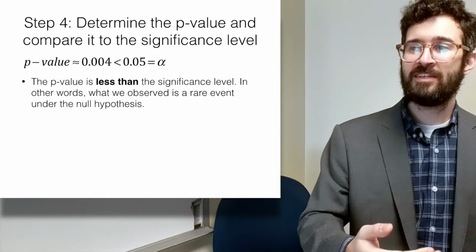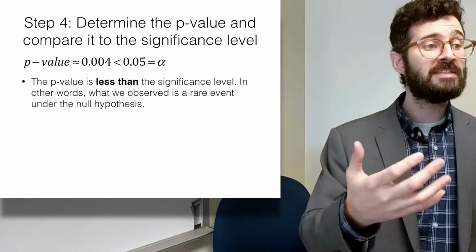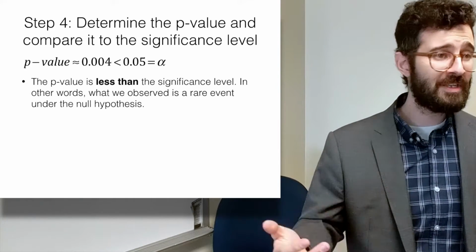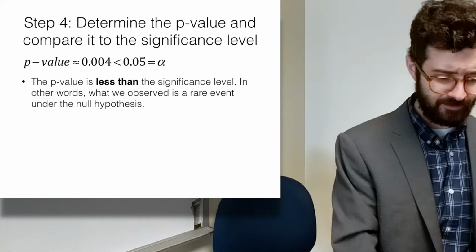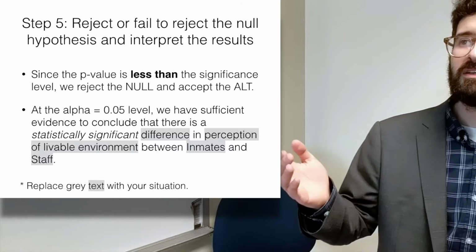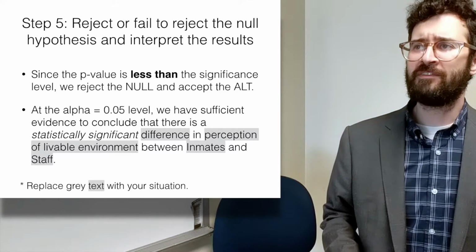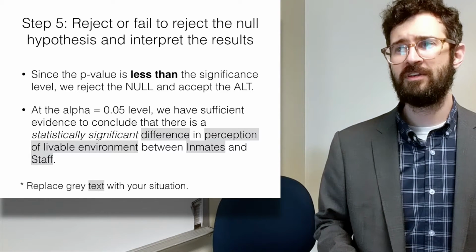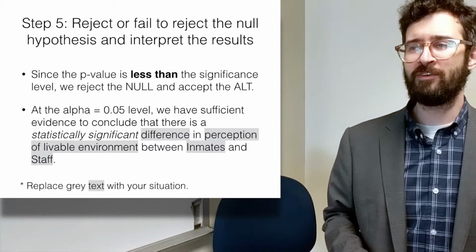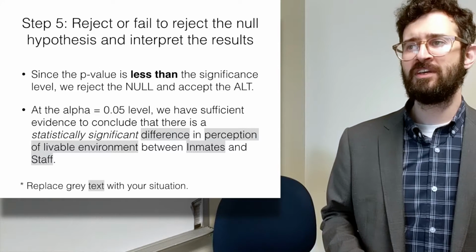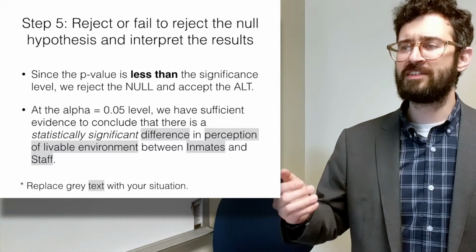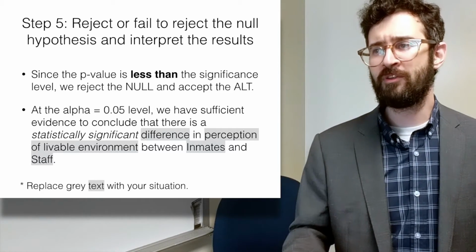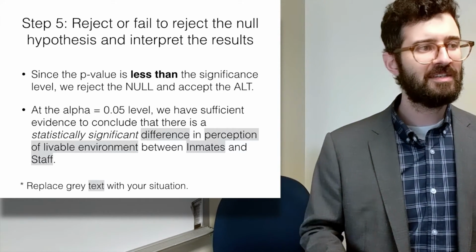And this evidence is showing a big difference, which is really rare if we're assuming that nothing is happening. So since the p-value is less than the significance level, we reject the null and accept the alternative. So at the alpha equals 0.05 level, we have sufficient evidence to conclude that there is a statistically significant difference in perception of livable environment between inmates and staff.